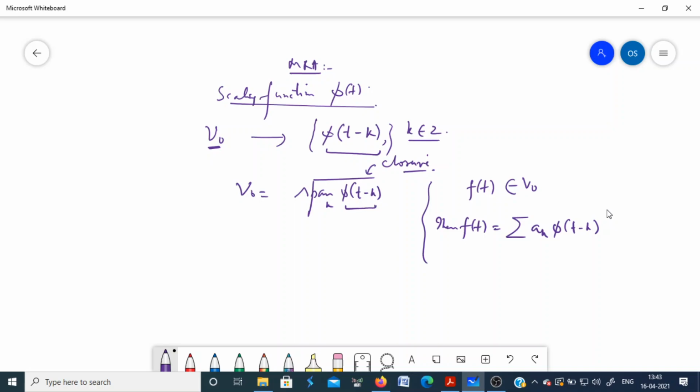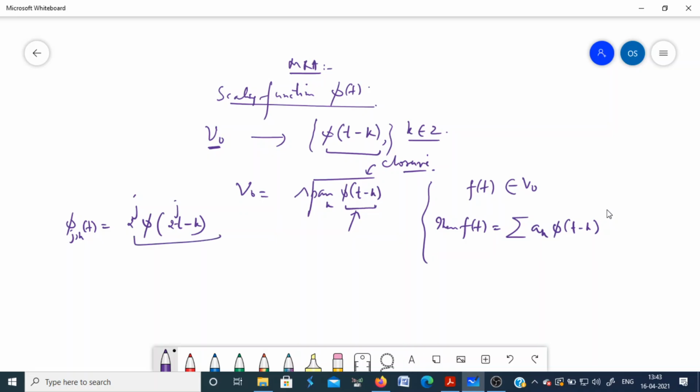Then we can increase the space, or the subspace, by changing the scale in the scaling function. So if you generate a scaling function using 2 raised to power j by 2 raised to power j t minus k, call it phi j k of t.